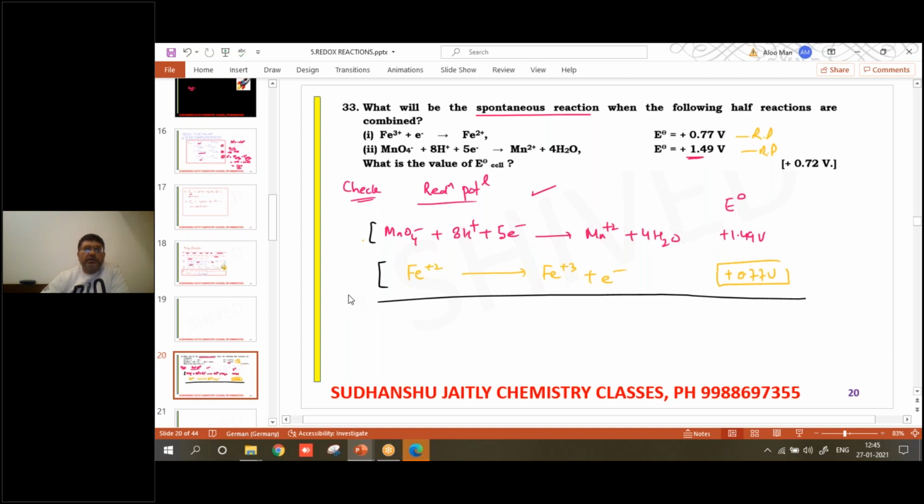Now equate the electron, multiply this by 5, right? Doing so, 5 electron produced, 5 electron consumed, they are equal. Now I have MnO4 negative, 8 proton, 5 ferrous, reactant with reactant, product with product, and 5 ferric will be there. Right?